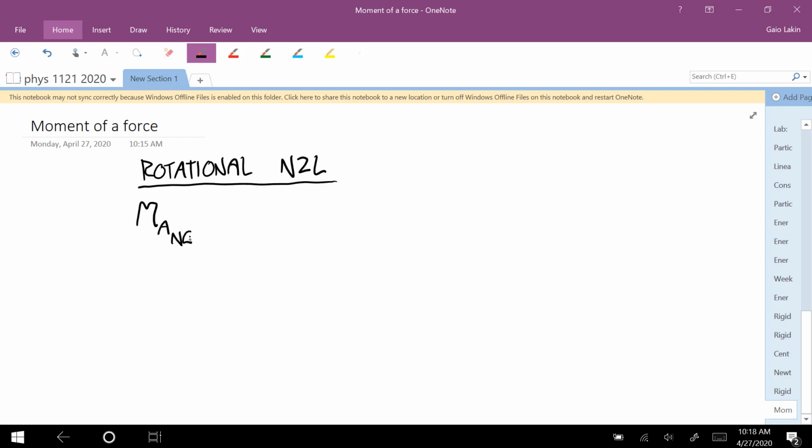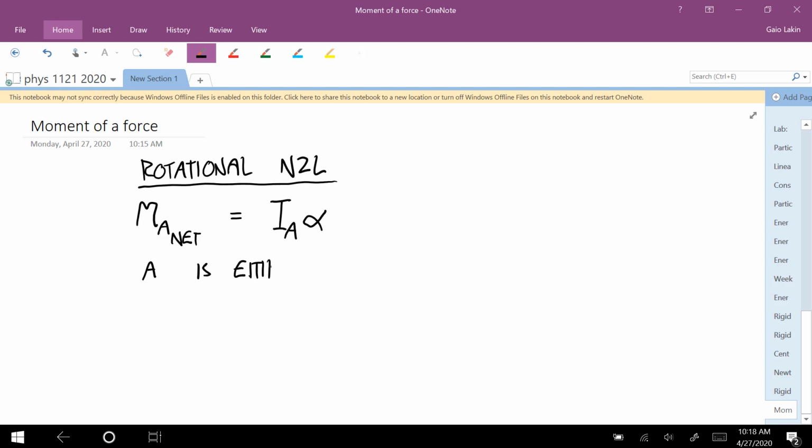If you add up all the moments of all the forces, so that's the net moment about the axis A, or the point A in 2D, that's equal to the mass moment of inertia about that same axis A times the angular acceleration. There are some restrictions on what can be used as the axis.